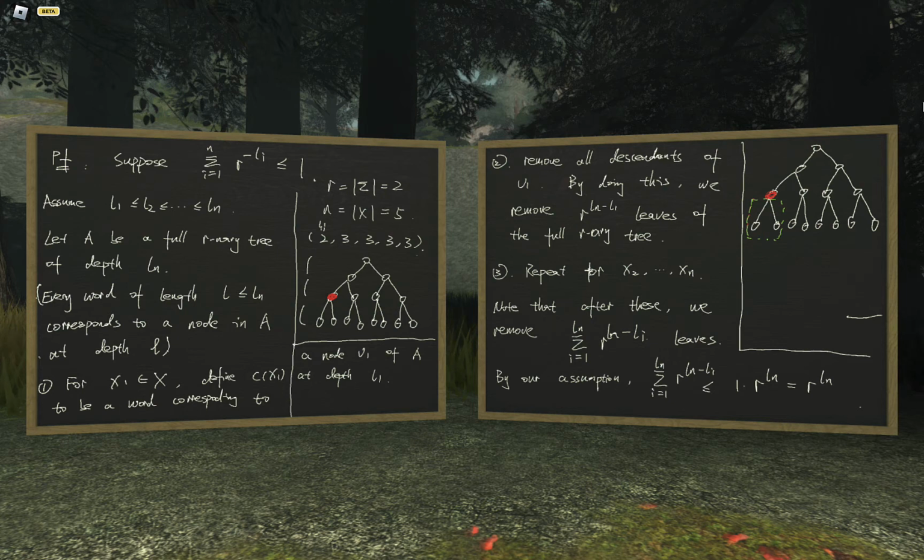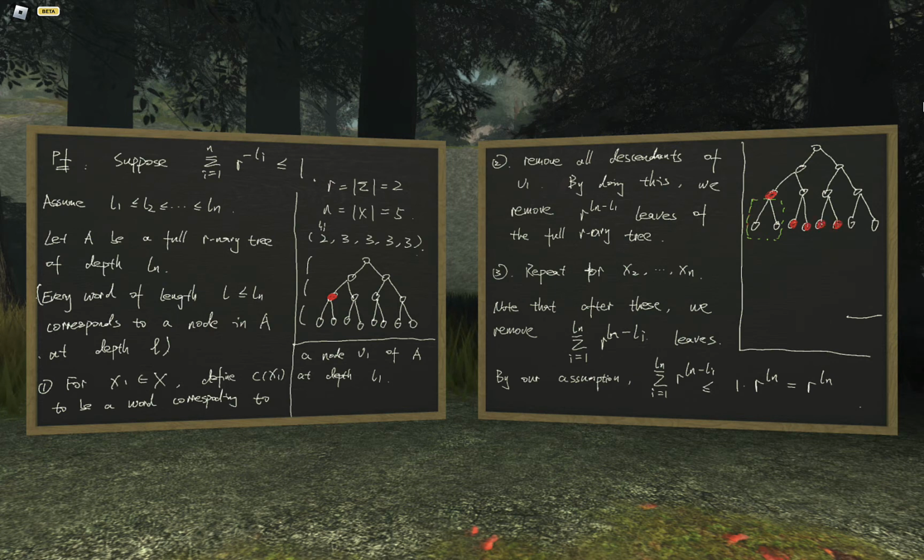So in the end, let me go back to this example. Say for each x2, I choose this, because the tuple I choose is 2, 3, 3, 3, 3. So in the rest of the words, I choose a vertex on depth 3. So I will just choose this.